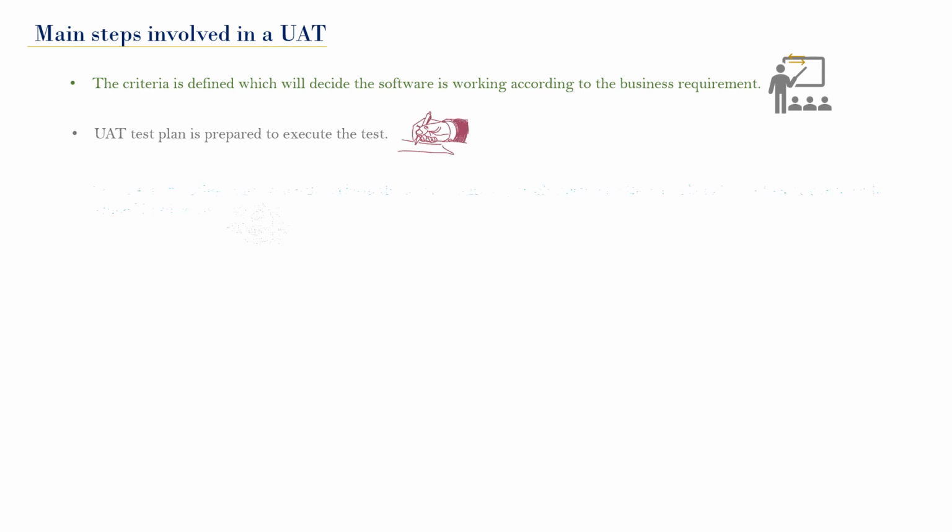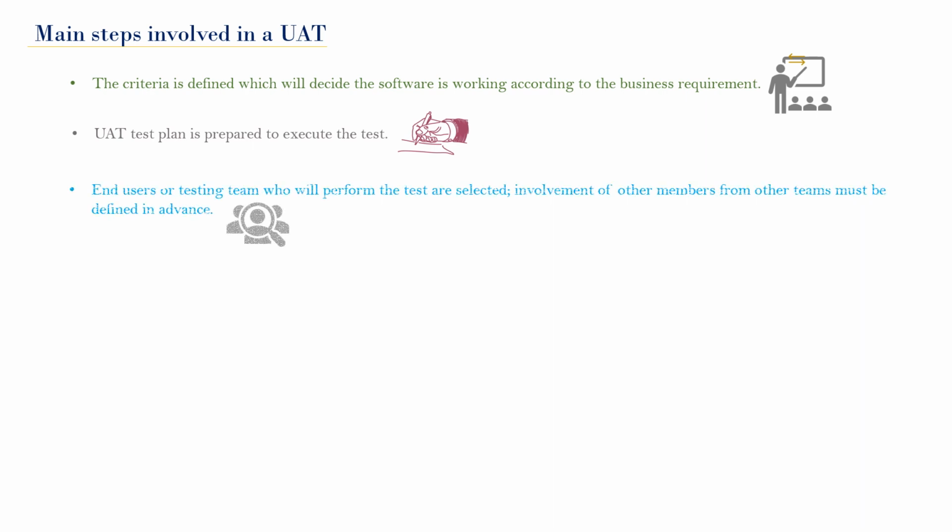Now we will see the main steps involved in a UAT. Defining the criteria which will decide the software is working according to the business requirement. UAT test plan is prepared to execute the test. End users or testing team who will perform the test are selected.